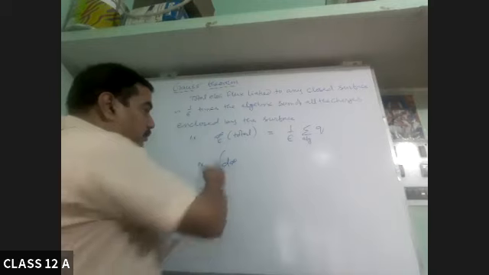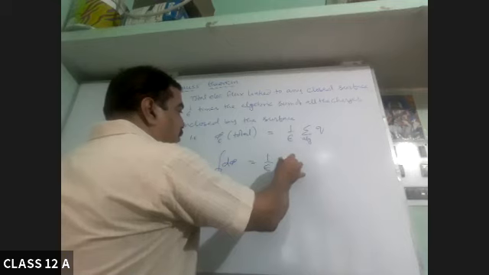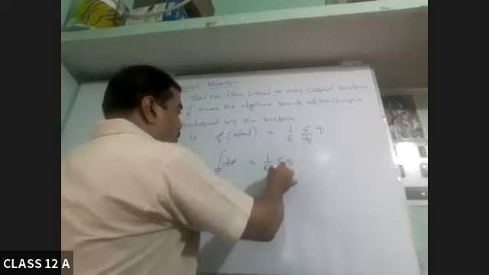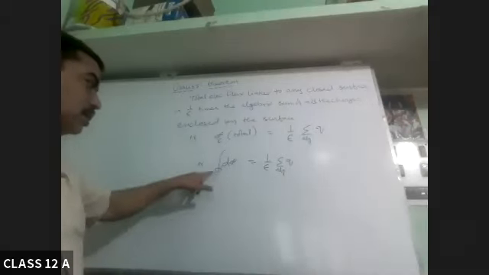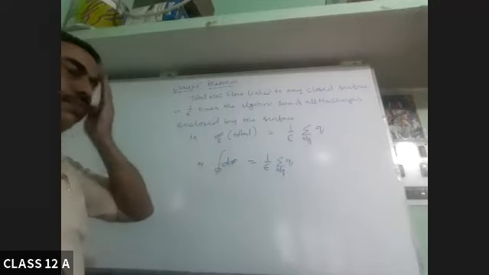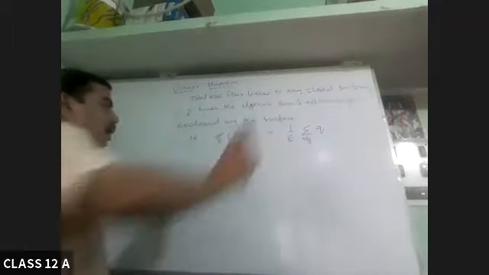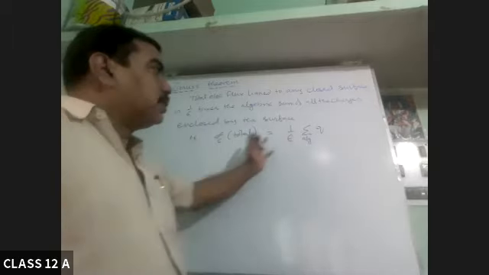If we do the integration for a closed surface, this will be 1 by epsilon times the charge enclosed. So the total electric flux linked to any surface is this one.